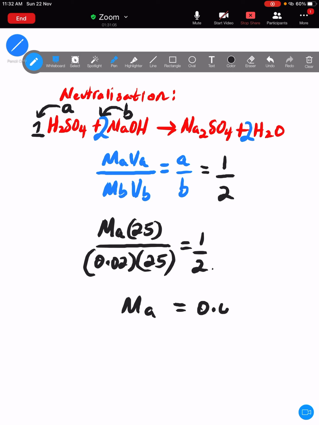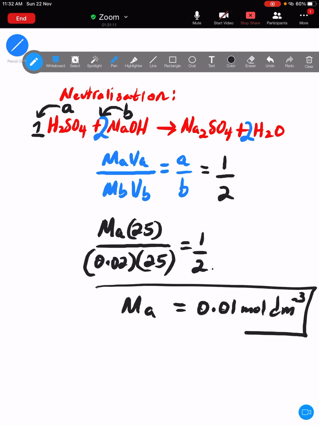Very good. 0.01 mol dm cube. This will be your answer. Does anyone not understand? Anyone?